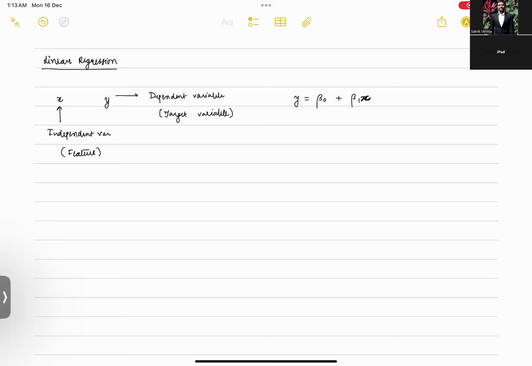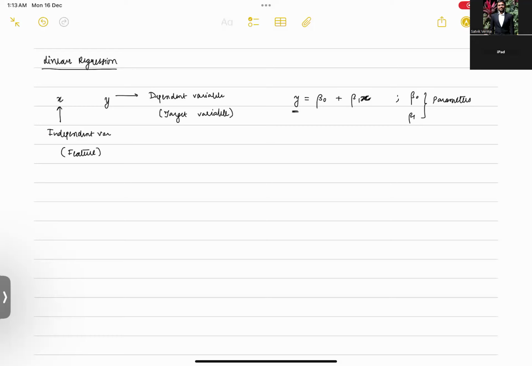And over here, beta naught and beta 1 can be termed as the parameters for this linear equation. So this establishes a linear relationship between my target variable y and my feature x. So this is a simple linear regression.